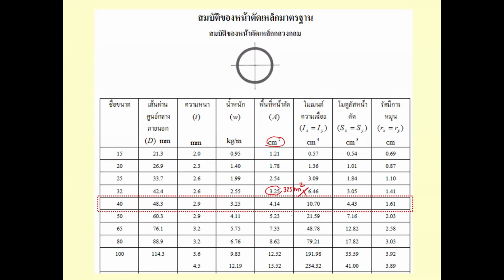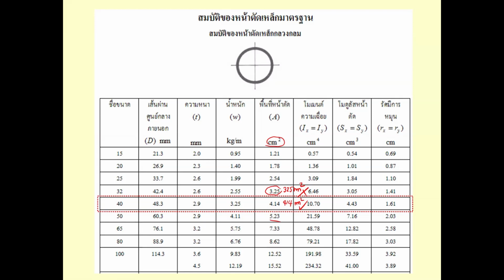This is too small. And this one is 414 square millimeter. This is okay, a bit larger. Can we use 5.3? Yes, you can, but that is too big. Too big means too expensive.